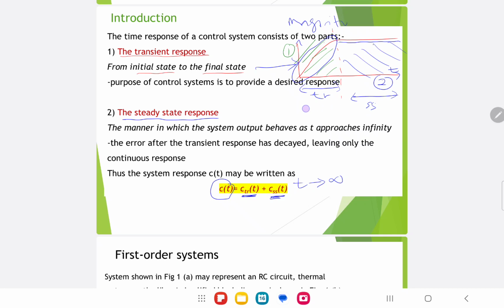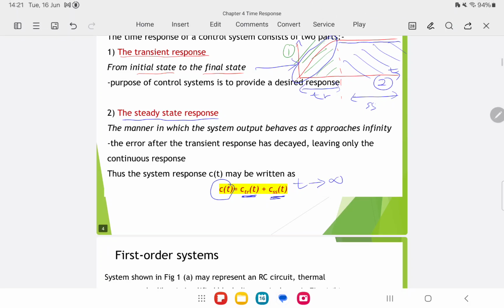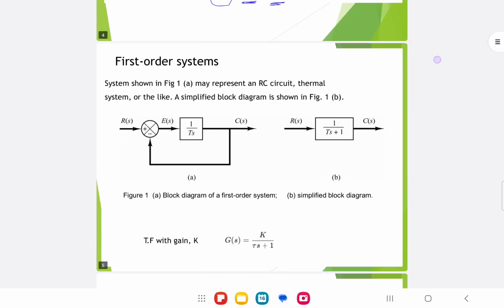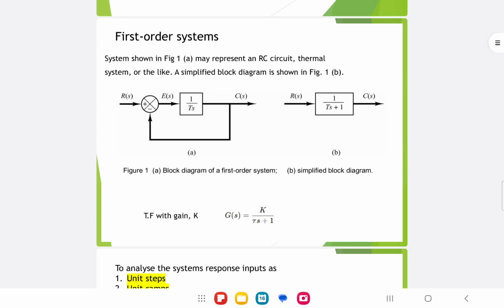And then the 60, bila kita dah set 60 contohnya, dia akan duduk dekat steady state. Okay, so that is the transient response and steady state response. Normally a system mesti kena ada these two parts, transient and steady state. Okay, alright, so now kita tengok on the first order.